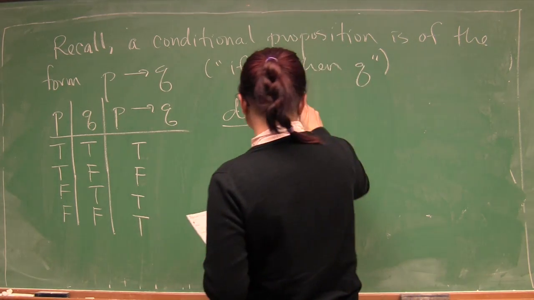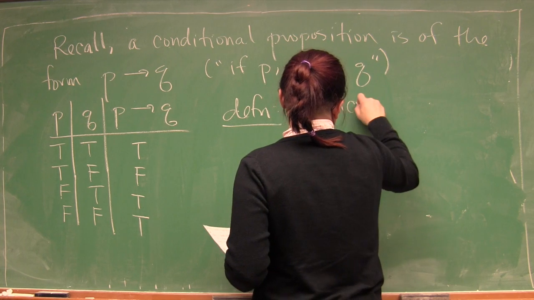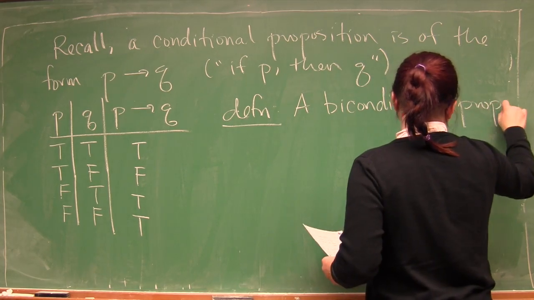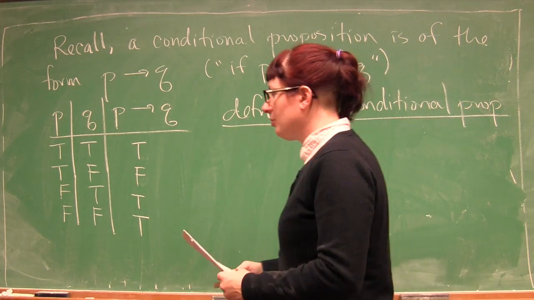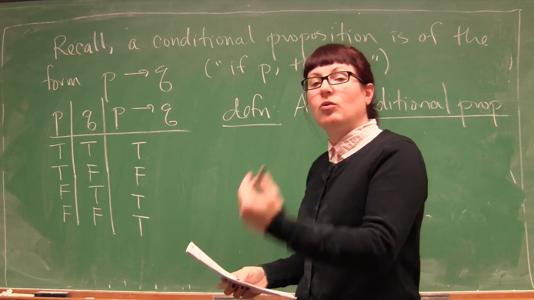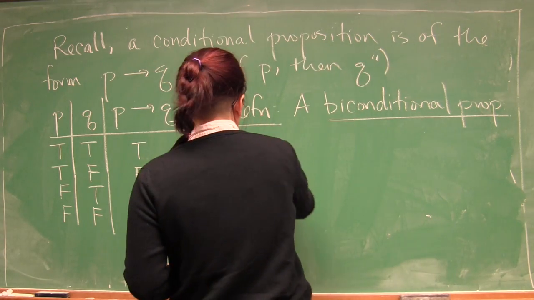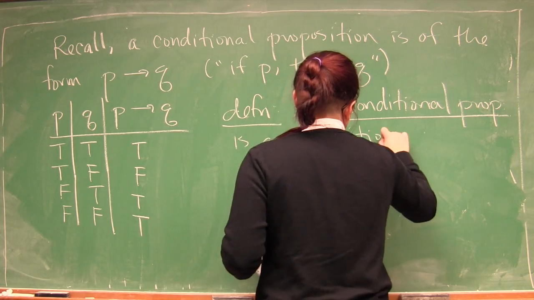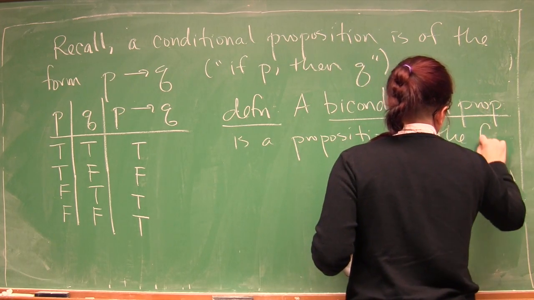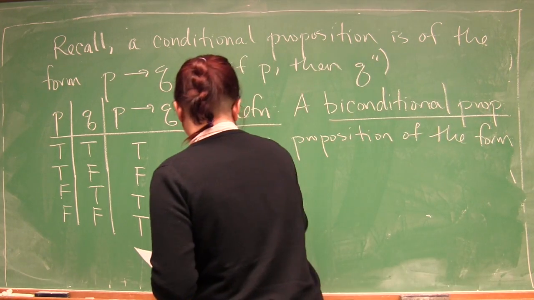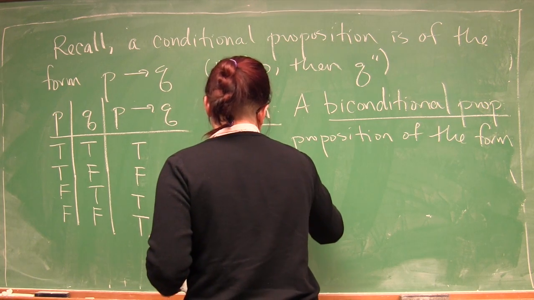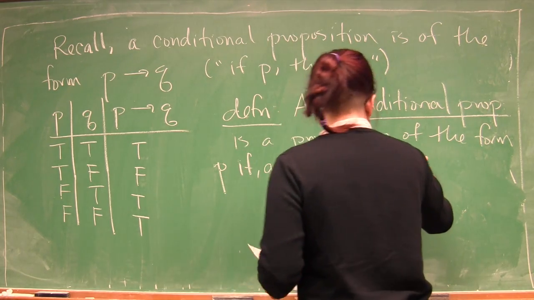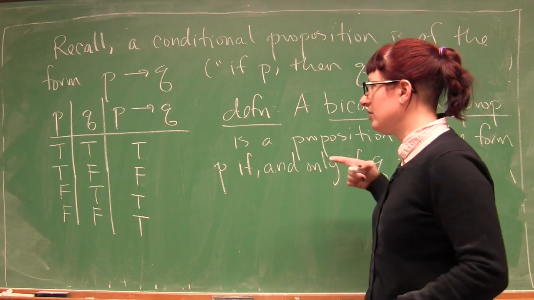So in particular, a biconditional proposition is a proposition of the form P if and only if Q. The notation we use to write biconditionals is a double-headed arrow.